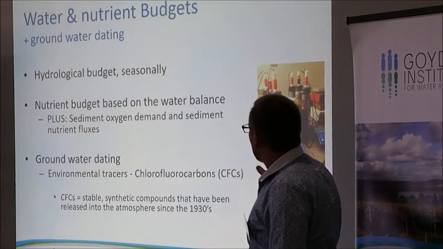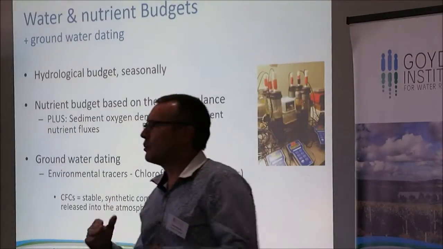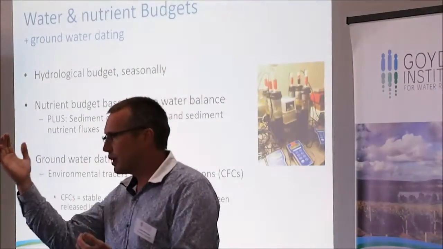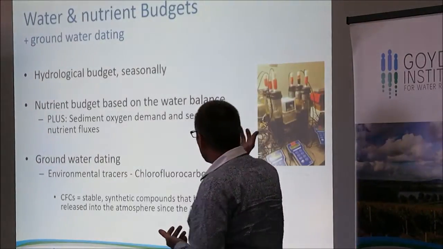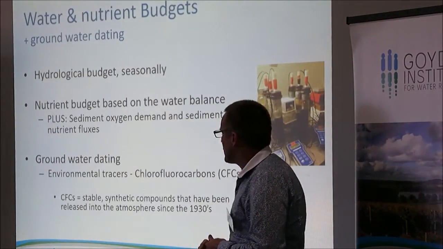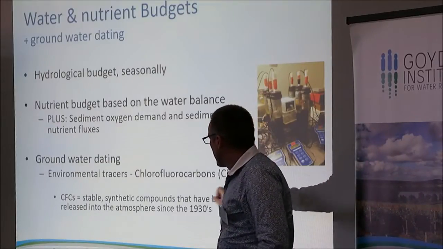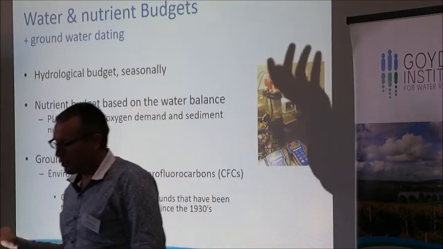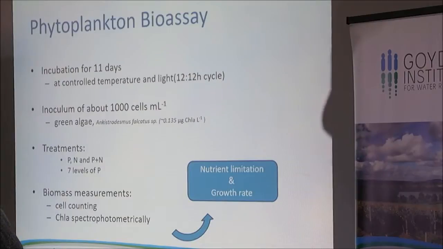We did experiments looking at sediment oxygen demand, because if you get low oxygen, then you'll get release of nutrients from the sediment into the water column. We did a nutrient budget, also working out what's coming in from the catchment through the groundwater. Groundwater dating using chlorofluorocarbons, which are no longer used, thankfully, but are useful as an indicator of aging groundwater.